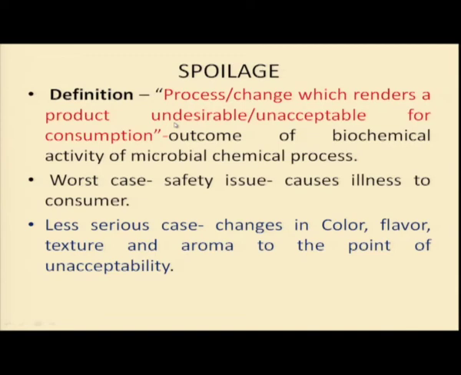How do you define spoilage? By definition, this is a process or a change which renders a product undesirable or unacceptable for consumption, which means that by spoilage there has been a change in the nature of the foodstuff, because of which the consumer says we cannot utilize this.